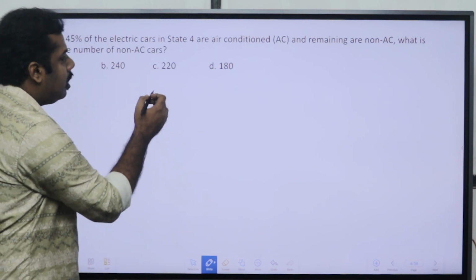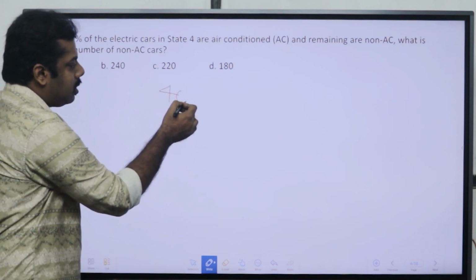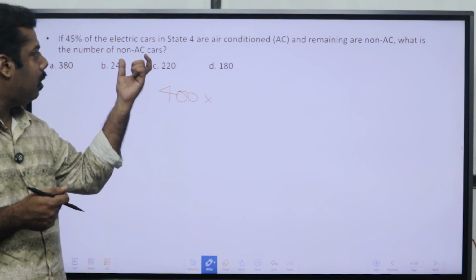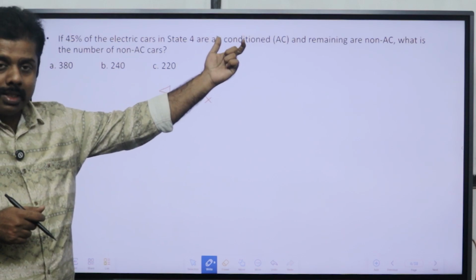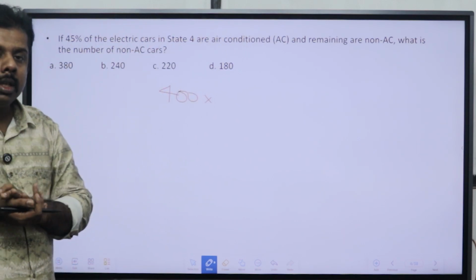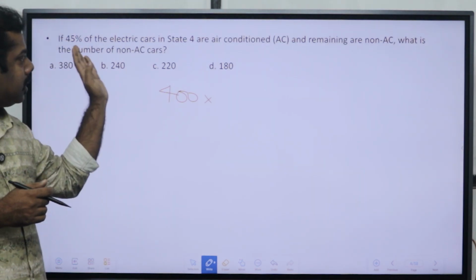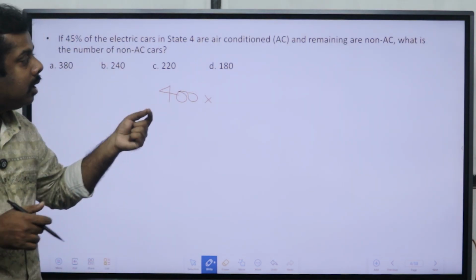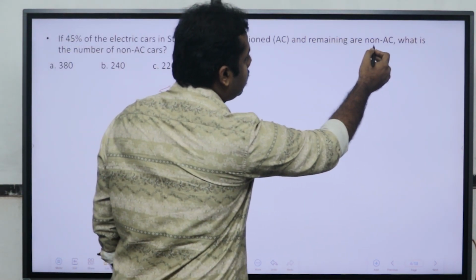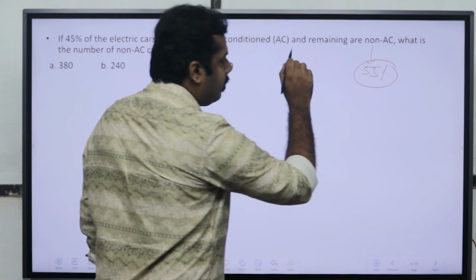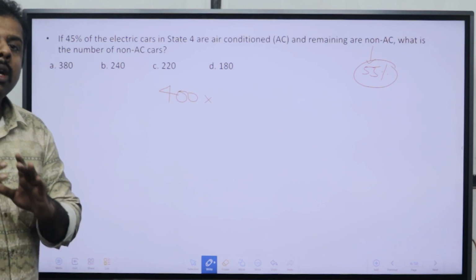In percentage, the total is 100. So if 45 percentage are AC cars, then the remaining 55 percentage has to be non-AC cars.